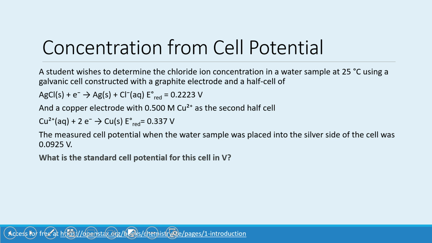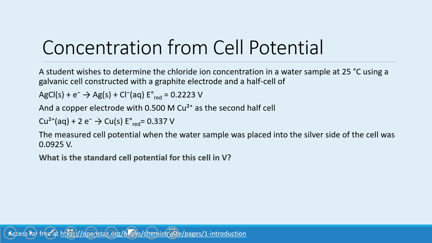Okay, we're going to do one last set of examples. This is all building on the same question. So this question is asking us to determine the chloride ion concentration in a water sample at room temperature, and so we can use that convenient Nernst equation when we need it, using a galvanic cell constructed with a graphite electrode and a half cell of this silver chloride reaction happening, and a copper electrode with 0.5 molar of the copper 2 ions as the second half cell.